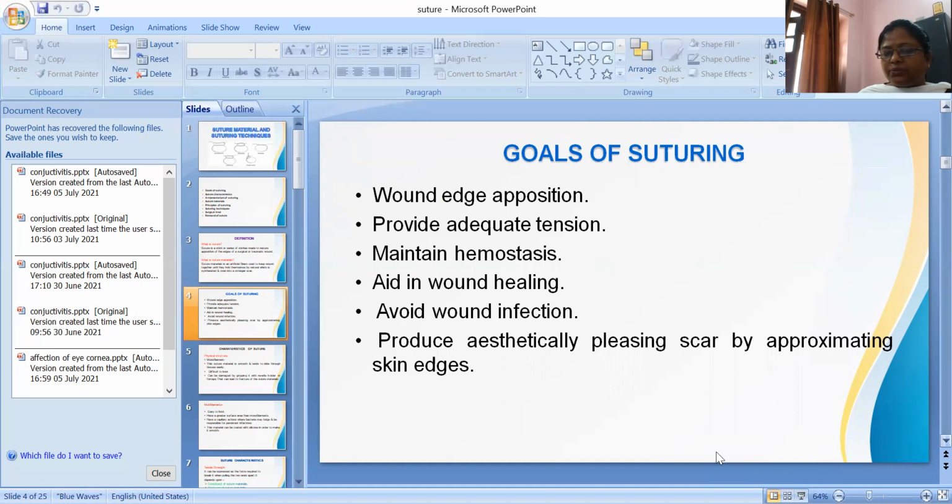The fifth is to avoid wound infection. And the sixth is to produce an aesthetically pleasing scar by approximating skin edges. So these are the goals of suturing.